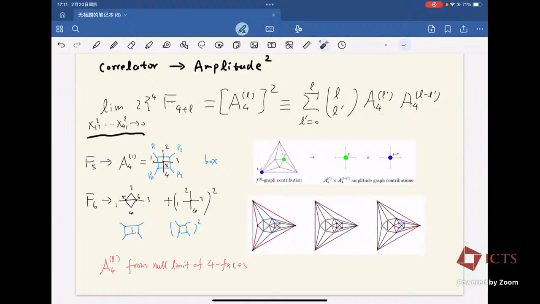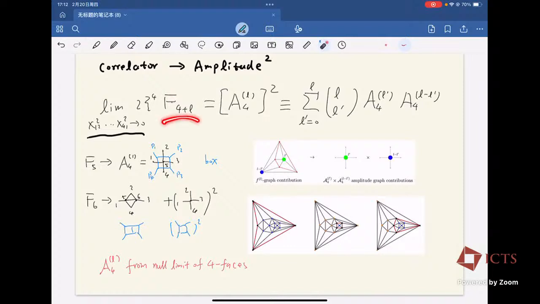So when you take the foregone, it contains L prime points on one side and L minus L prime on the other side, and this is a particular contribution. For 4-point amplitude, there's really no need to say it's amplitude squared. If you take the foregone that contains 0 points inside and all the points are outside, you literally get a single contribution, which is the 4-point L loop amplitude. So the 4-point amplitude to any loop order is contained in this object.